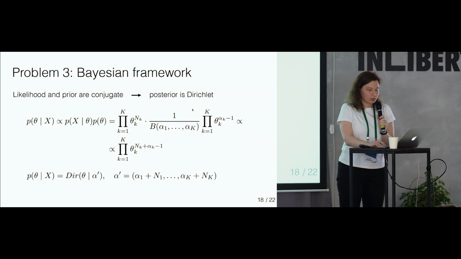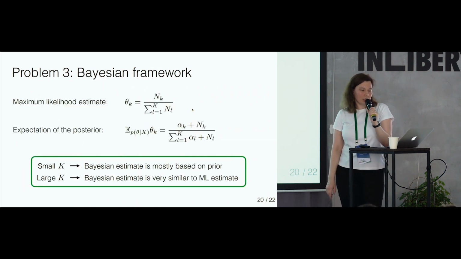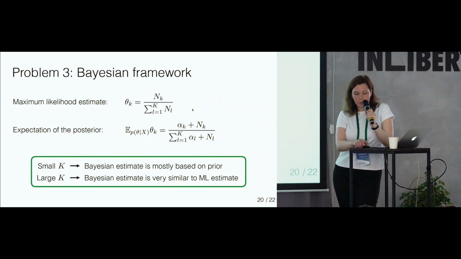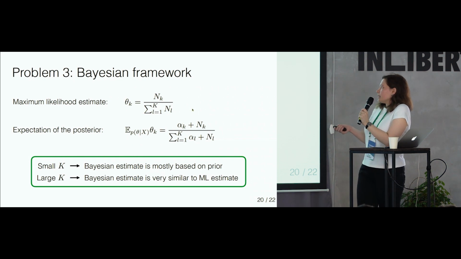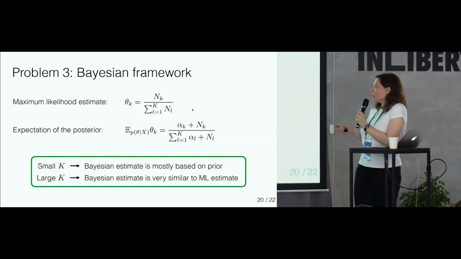Also, we see that if we compute the expectation of our posterior, of our Dirichlet distribution, this expectation is similar to the maximum likelihood estimate in the sense that if we have a small k, so a small number of objects in our likelihood, then our estimate is mostly from the prior, because n_k and n_l are small.